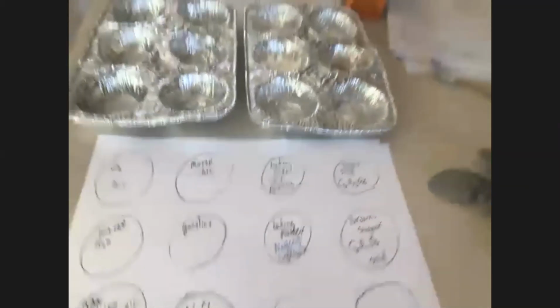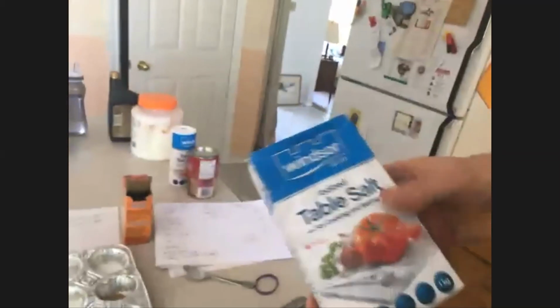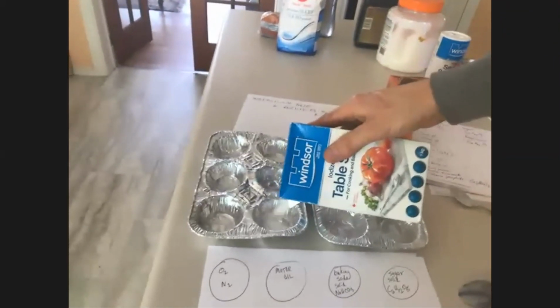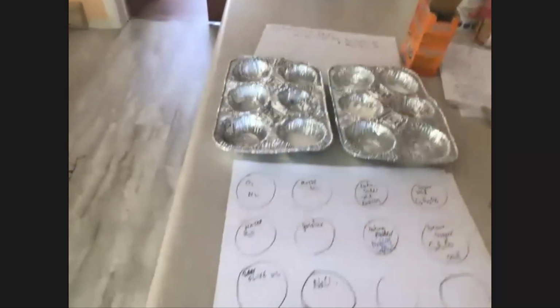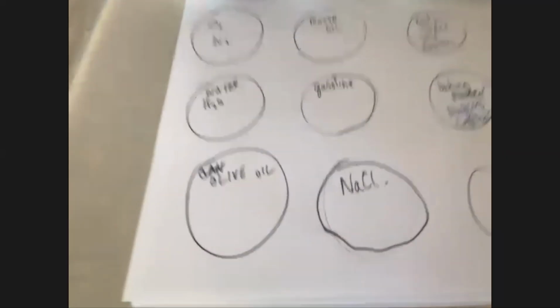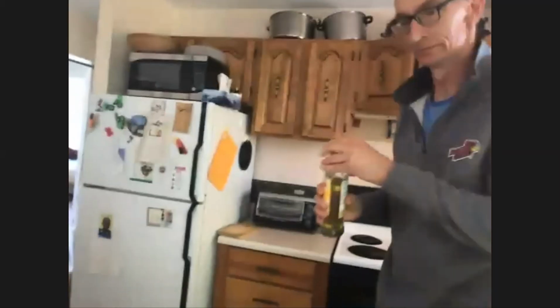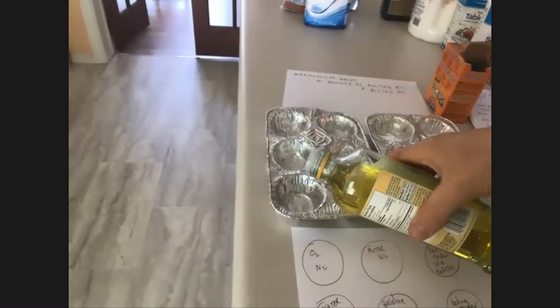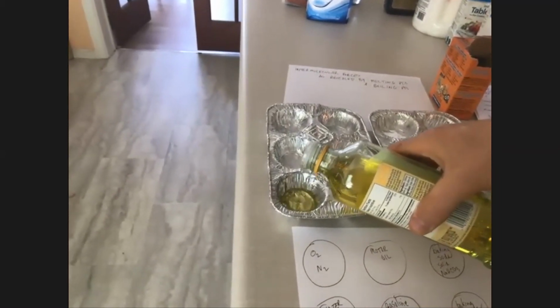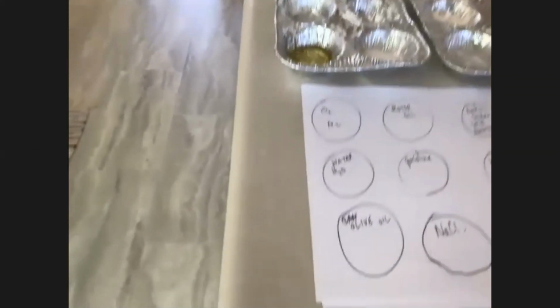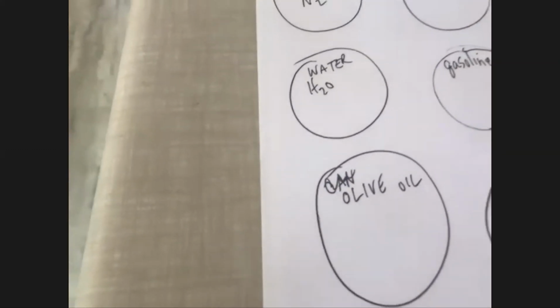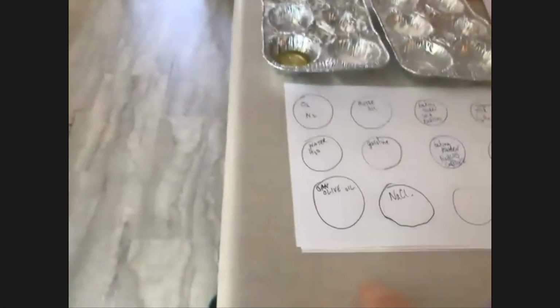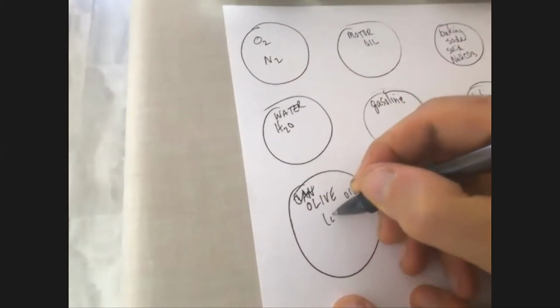All right. Sodium chloride from table salt. I'm just going to pour that one. It's got a nice little spout. There's some table salt. Olive oil. There we go. The olive oil is definitely a liquid currently, right?